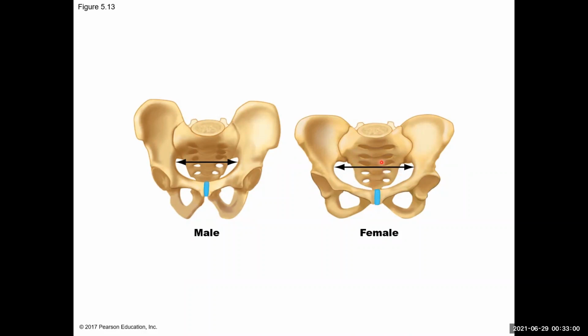And so that pelvic girdle has to be set up so that baby delivery can happen. And so you actually can identify gender based off of the steepness and the opening of that pelvic girdle.